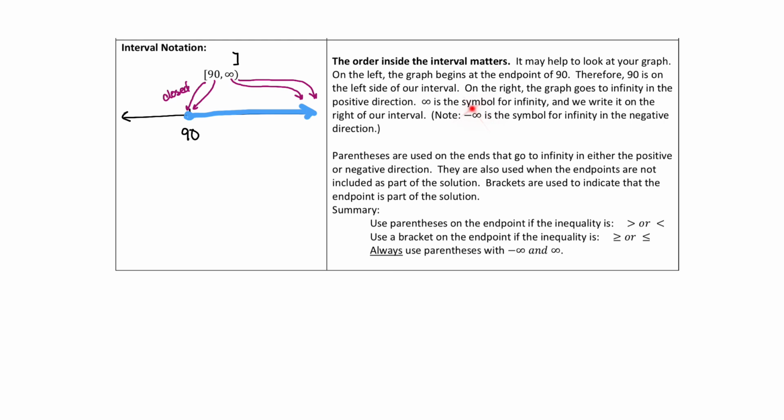Negative infinity is written like this. On the right side of the number line is positive infinity, and on the left side of the number line is negative infinity. When you're typing this in Canvas for your answer, I think you type two lowercase o's right next to each other.